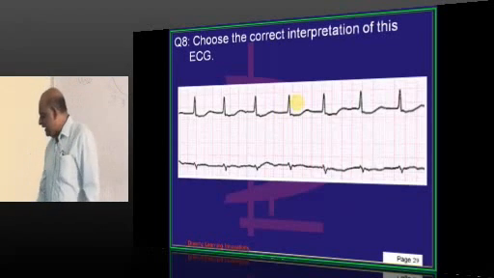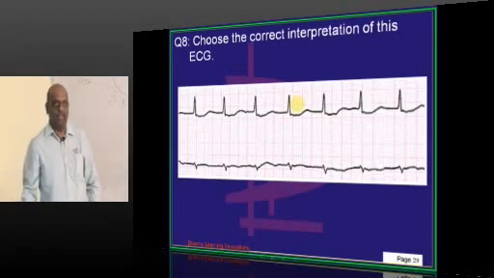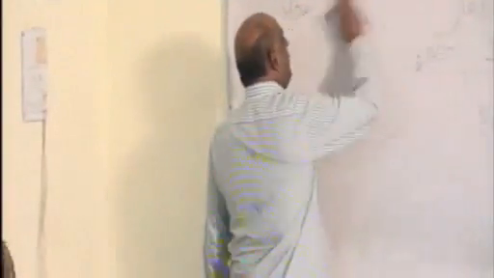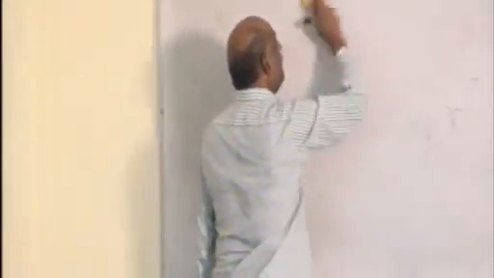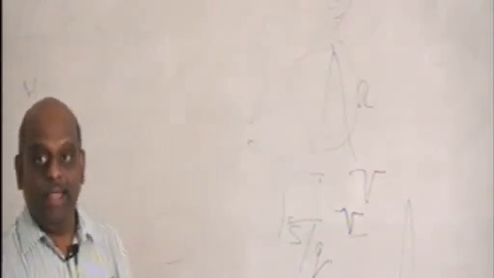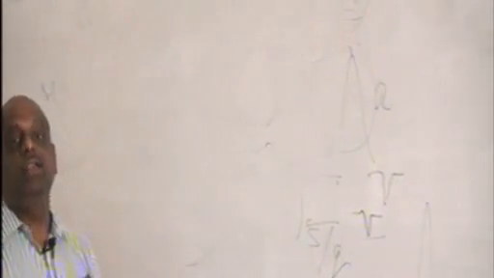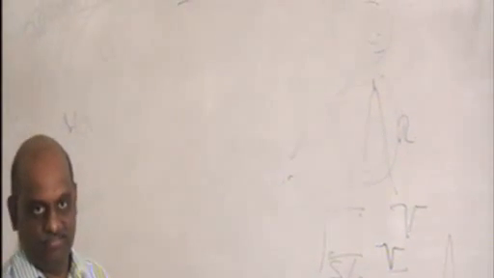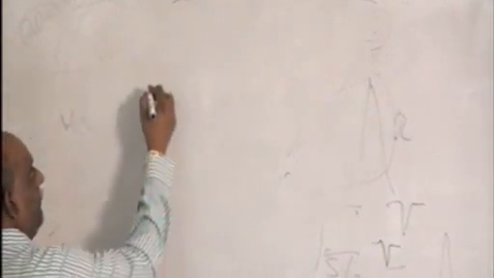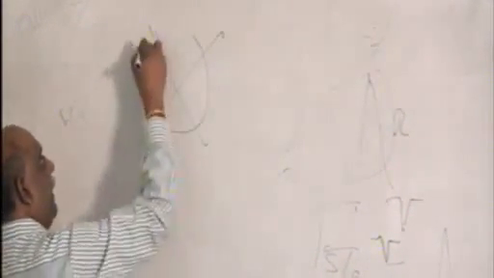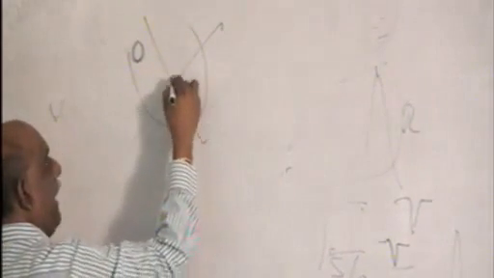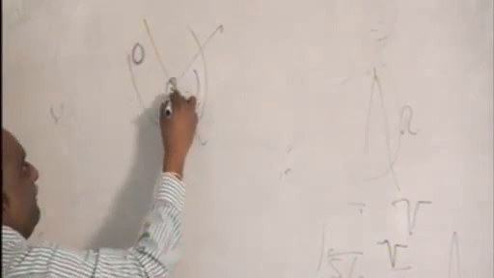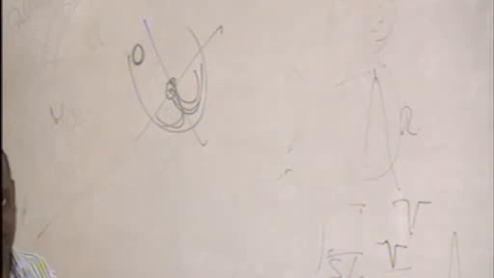That means where is the arrhythmia originating? Which arrhythmia do we have here? Tachycardia is what we have. Why? Because the heart rate is 100, right? So if you take the heart, you have an SA node, you have an AV node, and the Purkinje fibers basically become the right and left bundle.